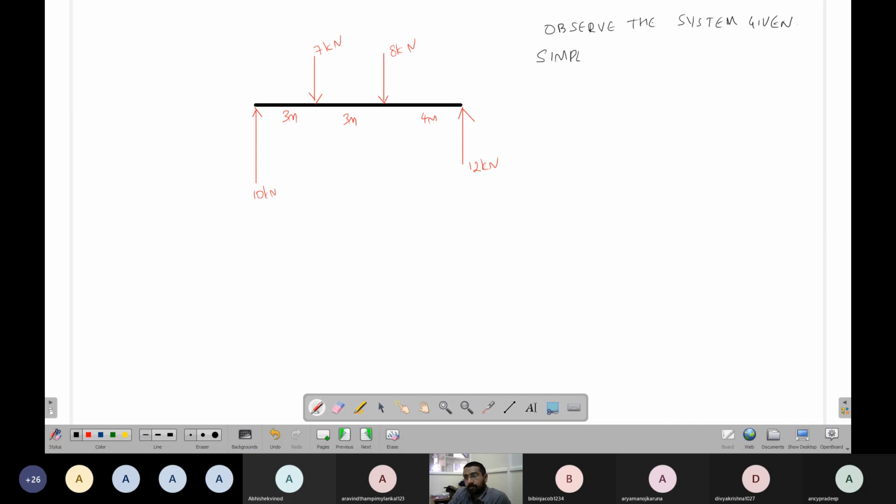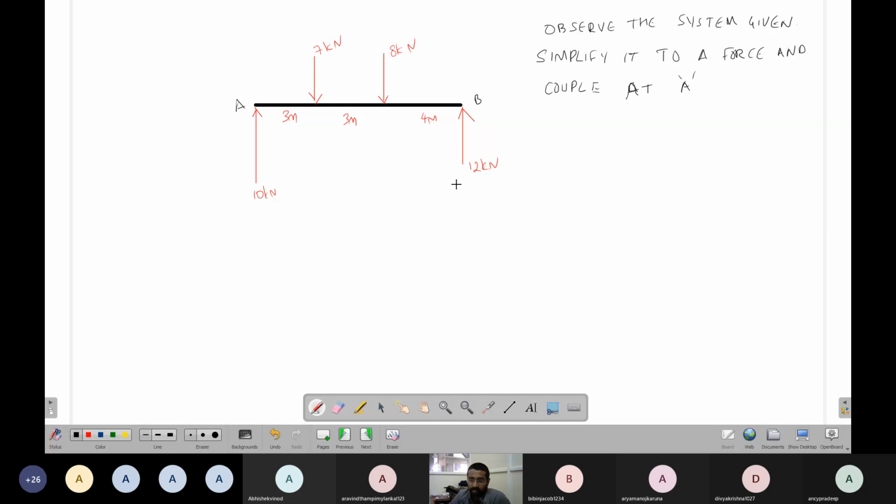Simplify it to a force and a couple. Let's say I'll call this a couple at A. Okay, the base system is simplified to a force and a couple.